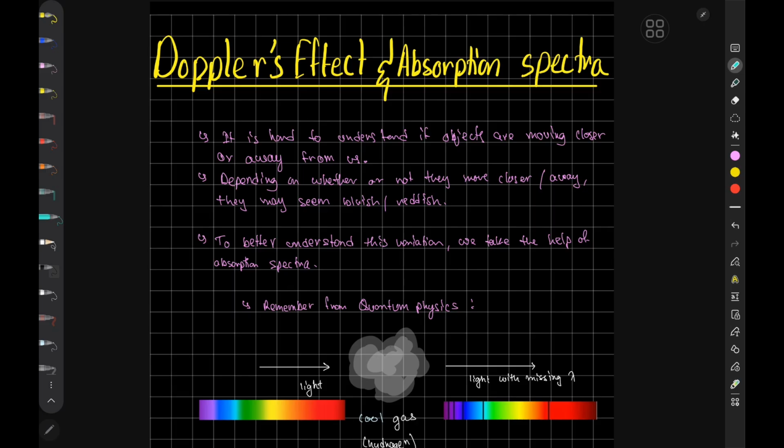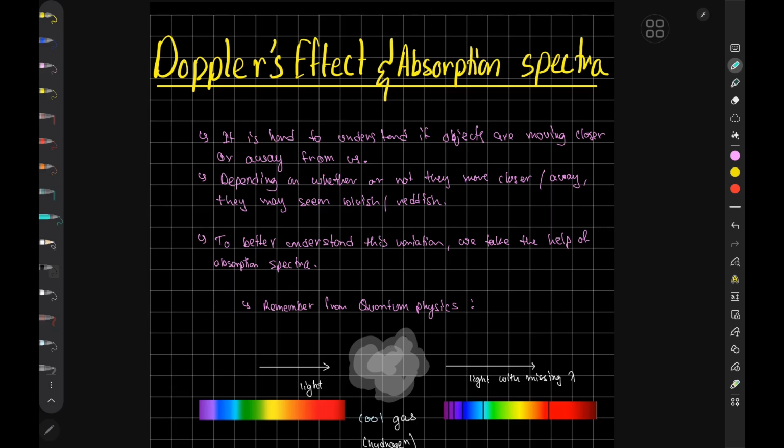You guys studied in AS Doppler's effect, that is, the change in frequency of sound when you have a recession velocity of sound that is moving away from you, or the sound source coming towards you. So this change in frequency, or change in wavelength of sound, happens when the object emitting the sound moves away from you or comes closer to you, that is, to you, the observer.